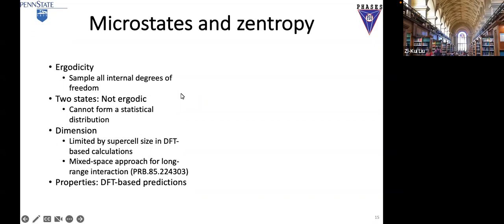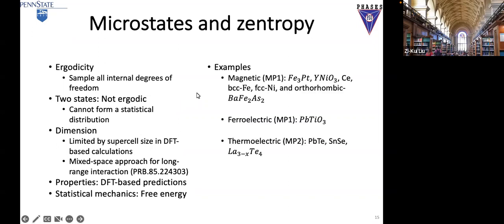And then put them back into the statistical mechanics, but use the free energy. So that's basically the approach we have been doing. And we have a couple of examples. Of course, I'm not going to go through all the examples, but I'm going to show the microstates which we used. If you get the microstates, the calculation itself becomes very trivial after that.